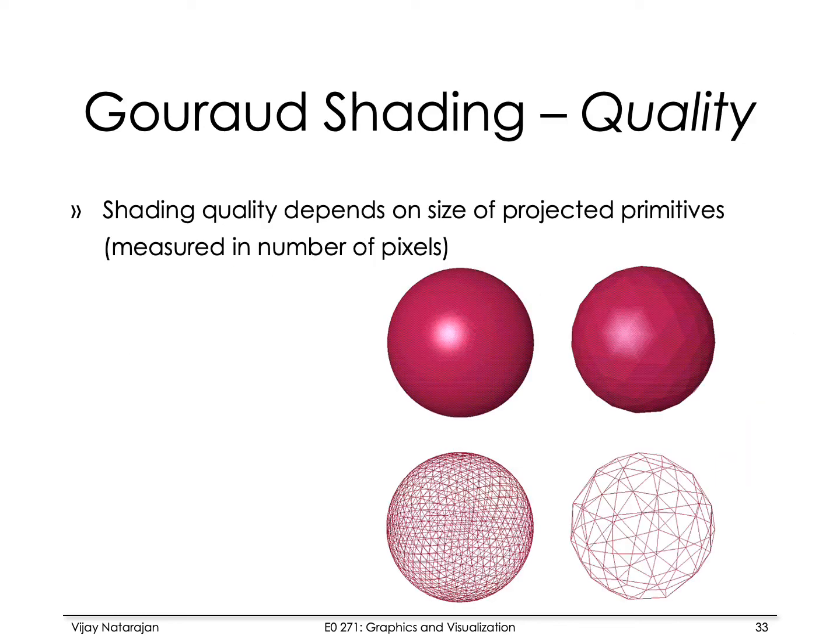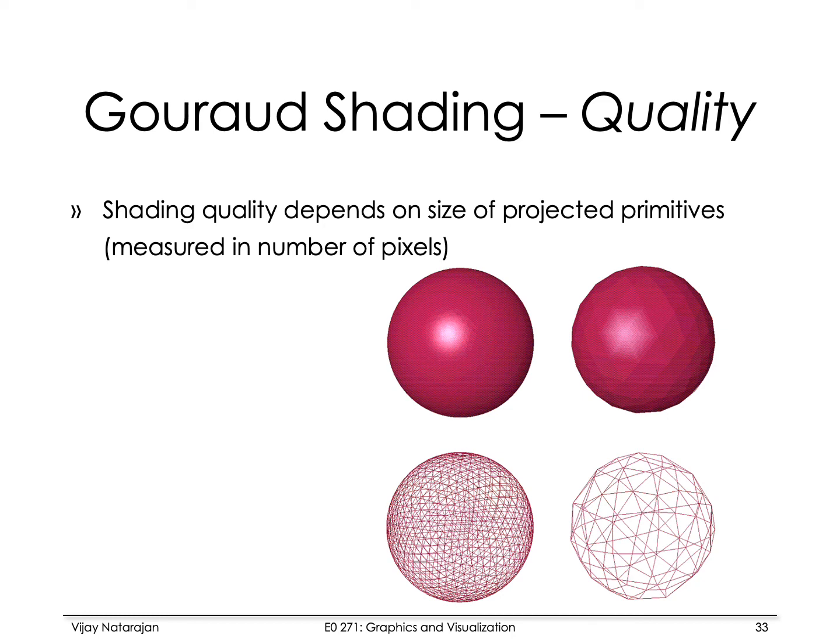So let's talk about the two shading techniques in a little bit more detail. With Gouraud shading, the quality really depends on the number of primitives that you have, or more specifically, it depends on how many pixels that primitive projects onto. So here are two examples that illustrate this idea.